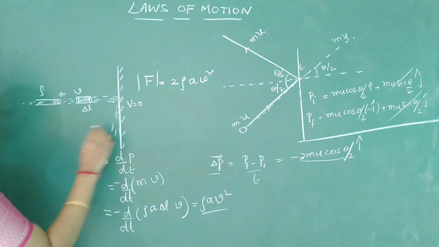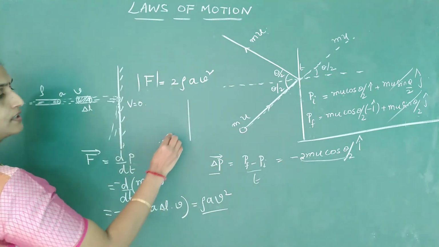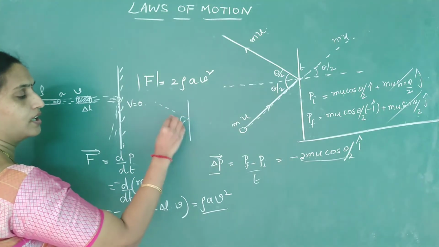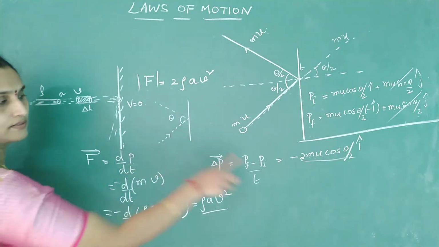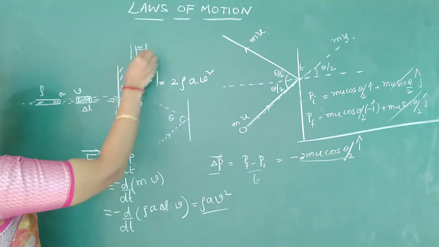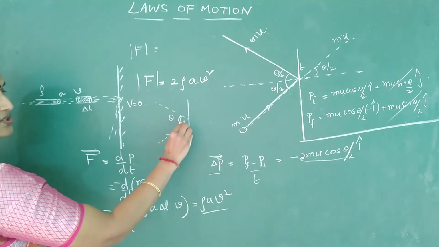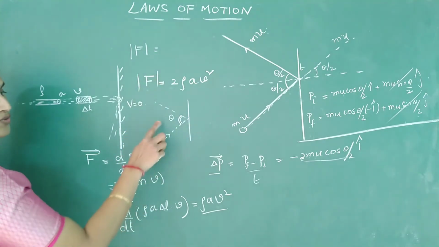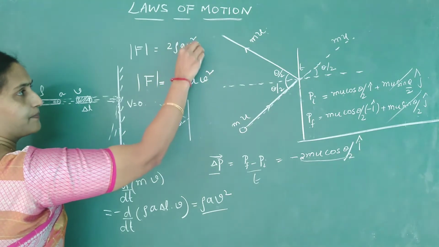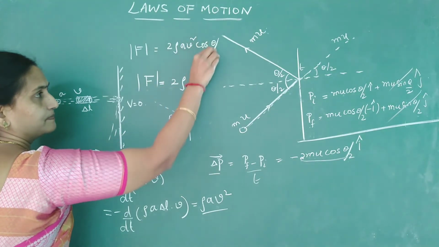And if they give you at an angle, say the hose pipe is sending water, it is hitting the wall and coming out at an angle theta, make use of this relation. What will be the force acting now equal to? If you know this whole angle is theta, change in momentum or force acting will become 2 rho a v square into cos theta by 2.